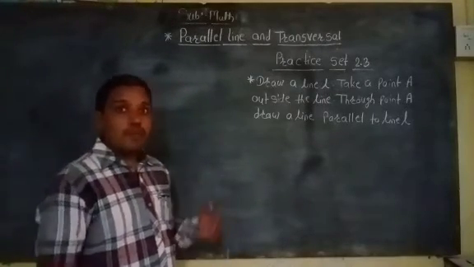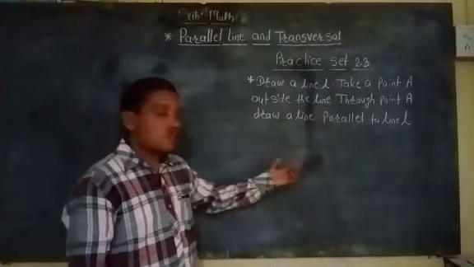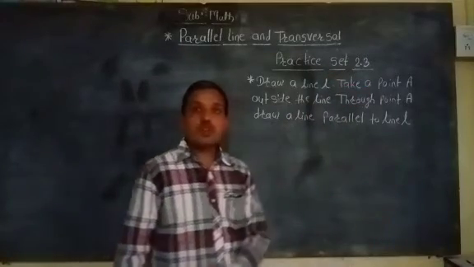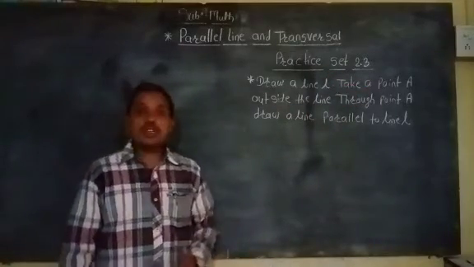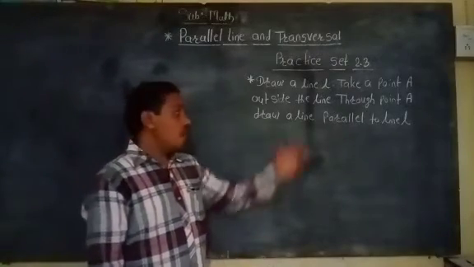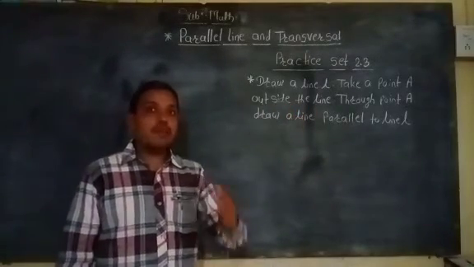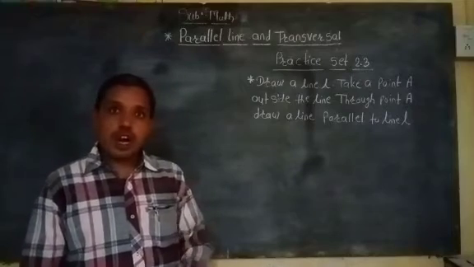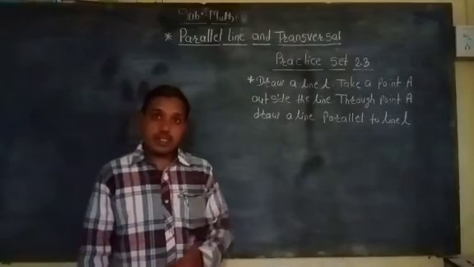To complete this discussion we take Practice Set number 2.3, and in that practice set we solve just one simple example. When we solve it, you will get how to draw two parallel lines.